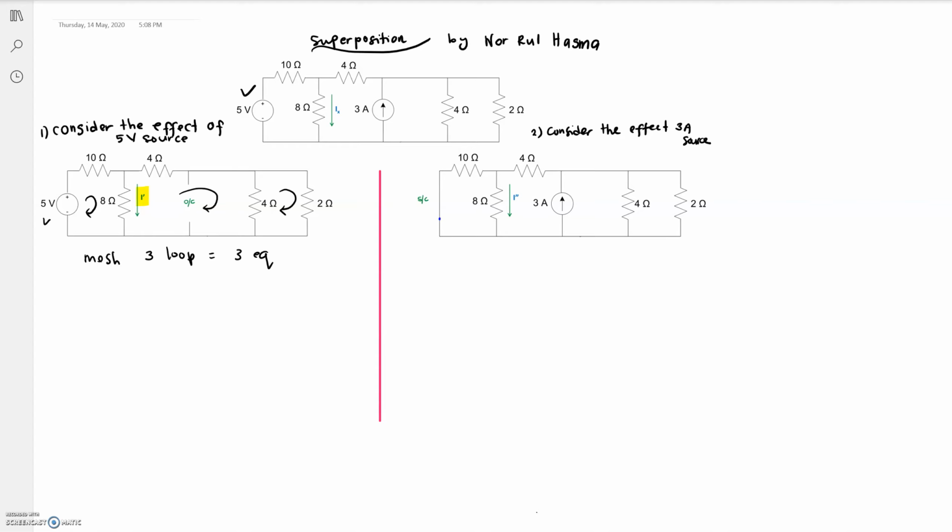If I choose nodal, how many essential nodes?